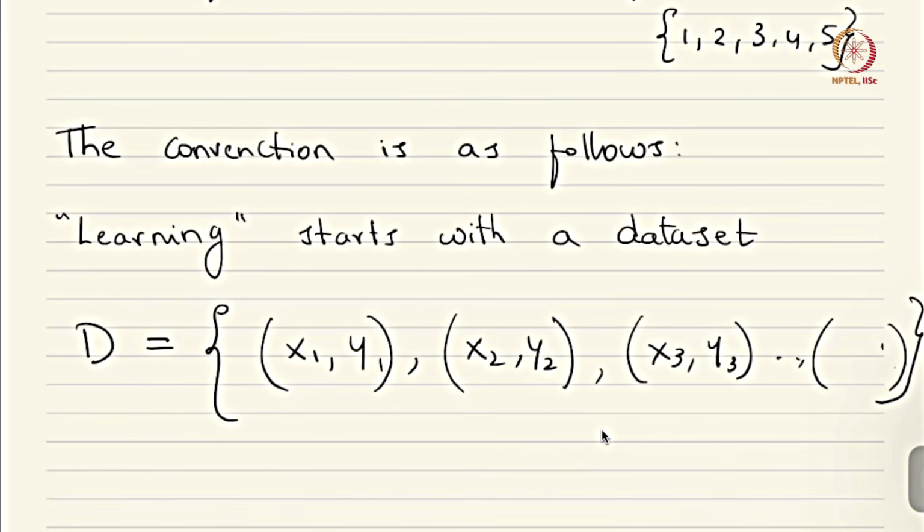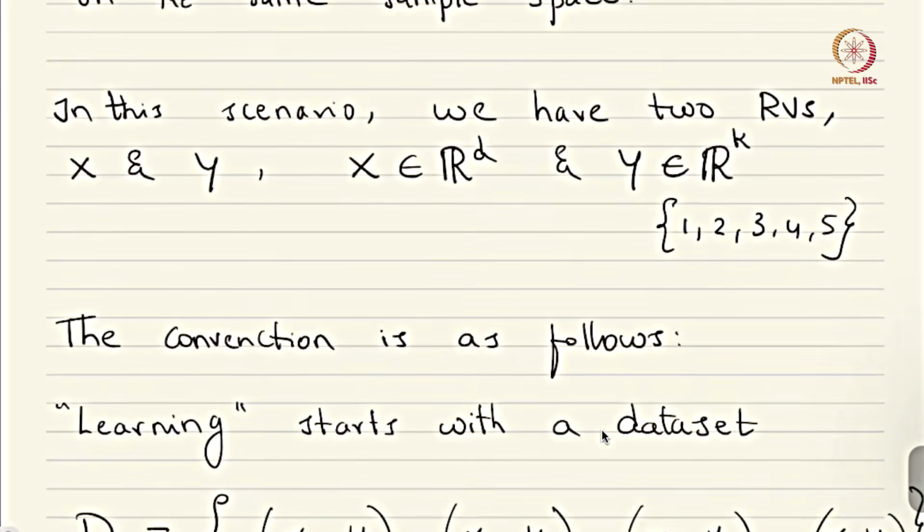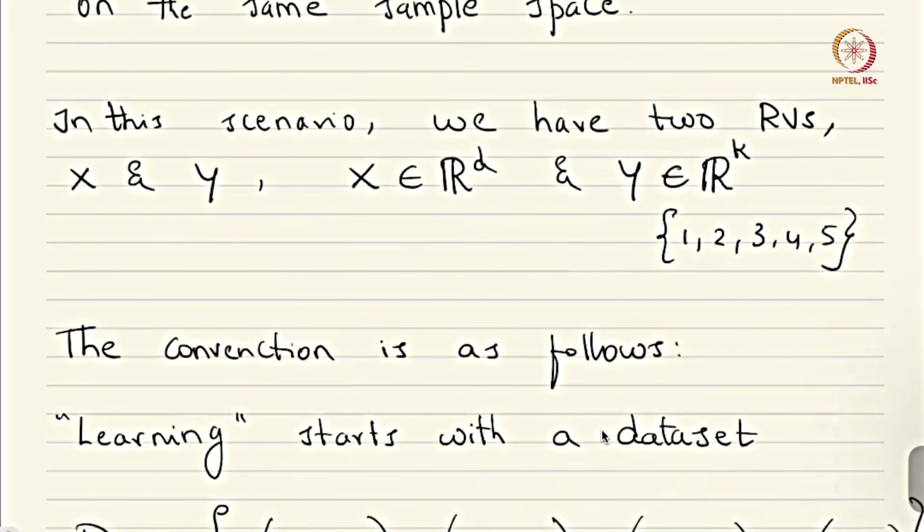Let me make this capital N. So you start with a data set, okay. You have N images and all of these images have some labels. So I should also say this. X is typically called the data space or feature space. Y is generally called the label space or action space. These are nomenclatures.